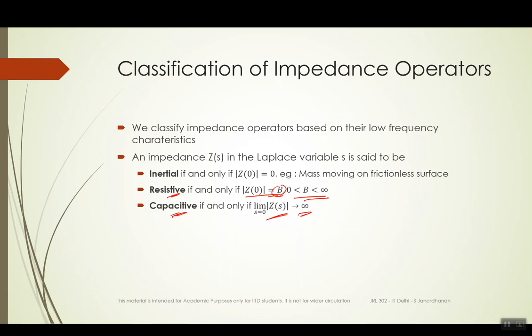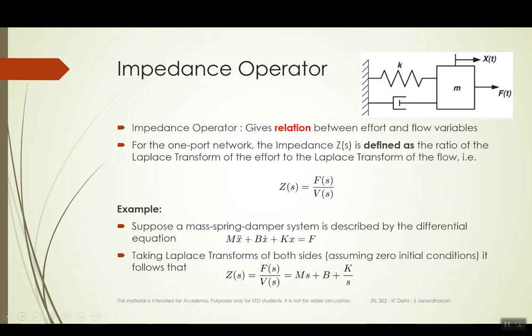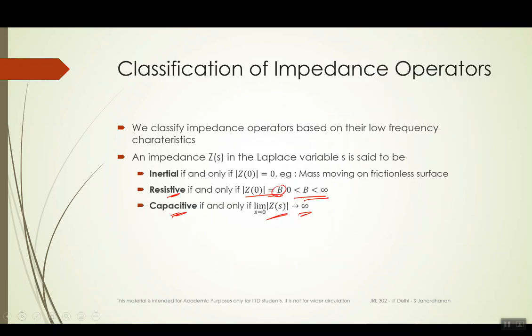So if you go back to the previous slide, and take the mass, the damper and the spring constant separately, the mass becomes ms in terms of the Laplace, the damper becomes b, and the spring gives k by s.